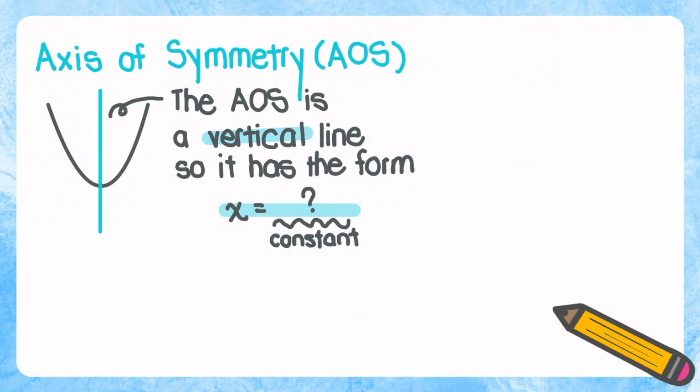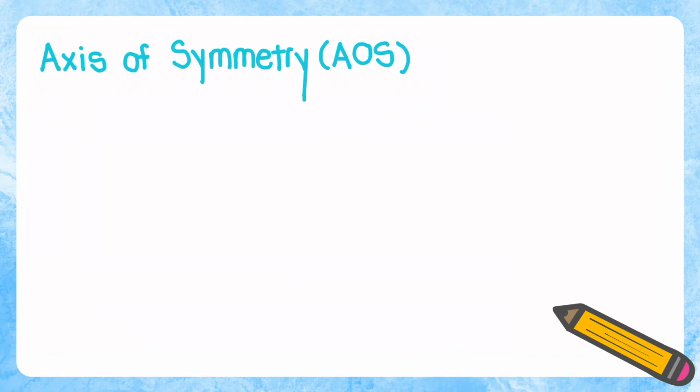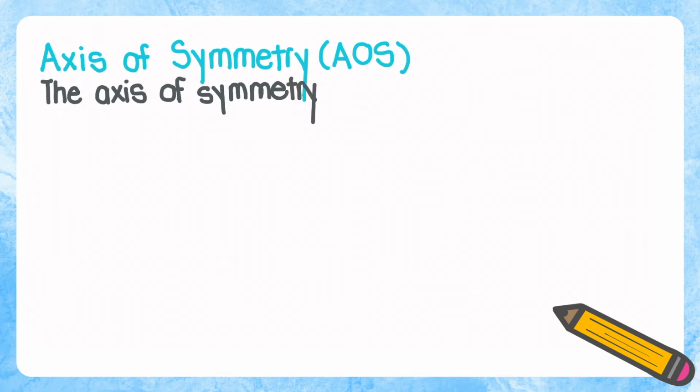But how do we find that? We actually have a formula to find the axis of symmetry. Remember how in the previous topic we labeled a, b, and c of quadratic functions in standard form? Well, we're actually going to use some of those parameters.